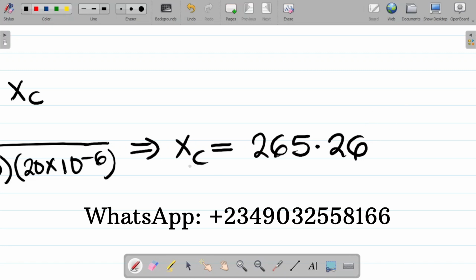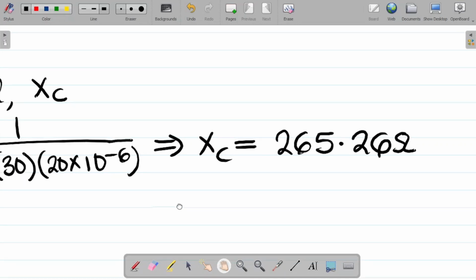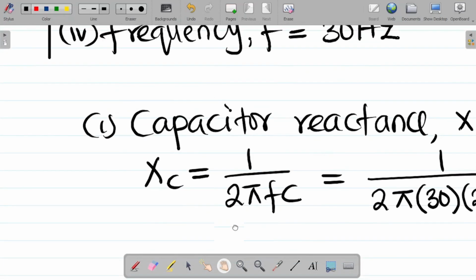Now we said X is reactance and it's measured in ohms. It is the opposition to the flow of current in the capacitor. So we've gotten the first part there, the capacitor reactance.